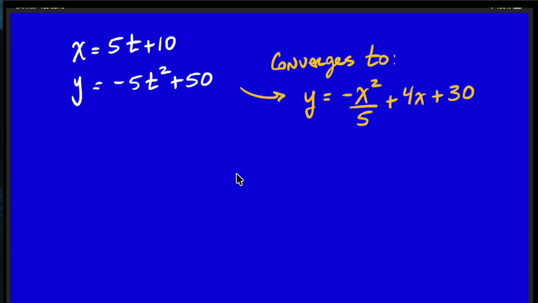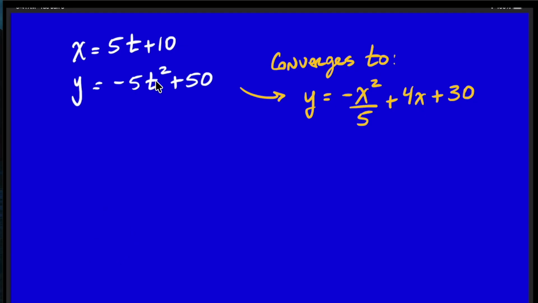So far, folks, we took this original parametric system of equations and we changed it to a rectangular coordinate equation that we're used to seeing. But it's important to realize that there are an infinite number of systems of parametric equations that will converge to this same parabolic path. Let me show you what I mean.